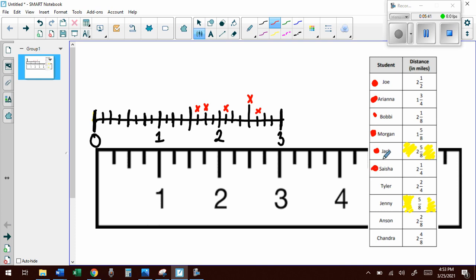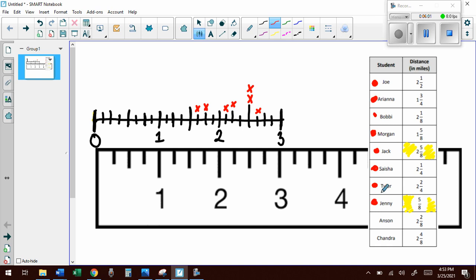Sasha with 2 and 1/4. Tyler with 2 and 2/4, 2 and 1/4, 2/4.